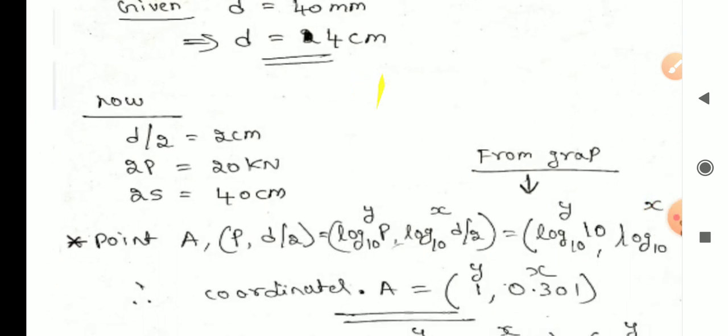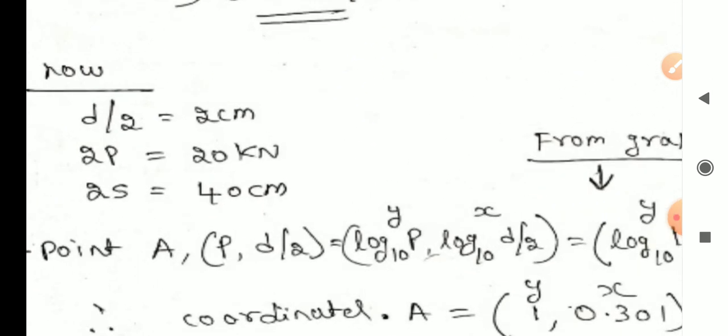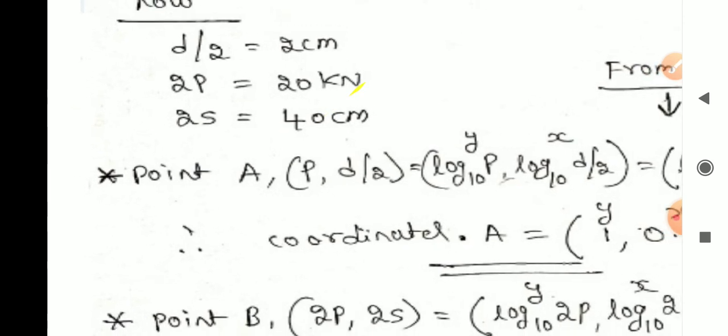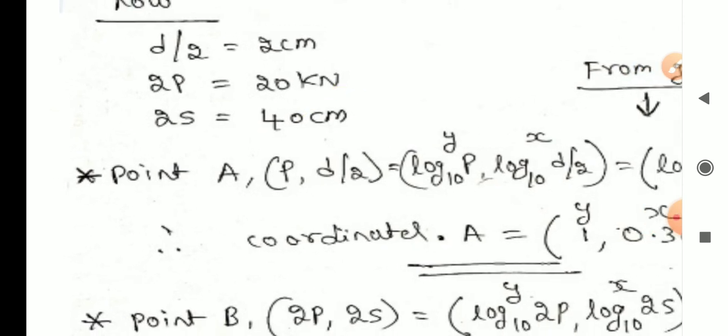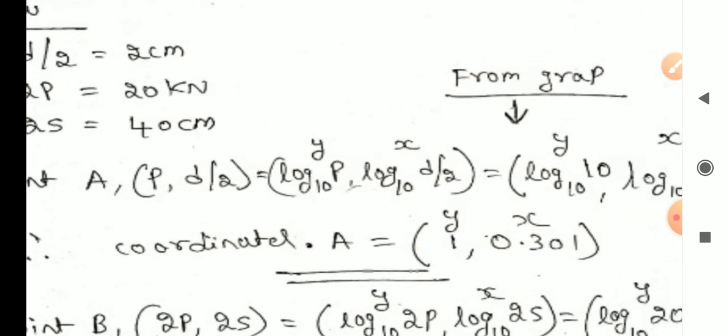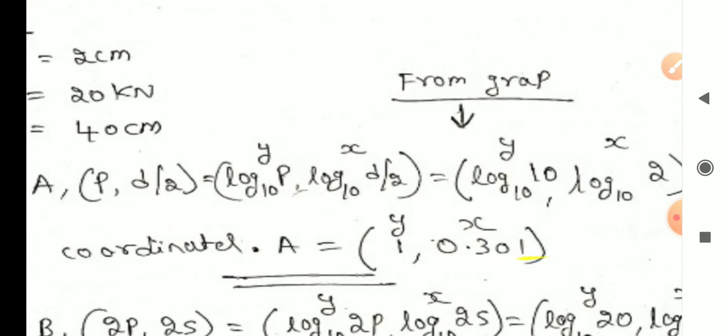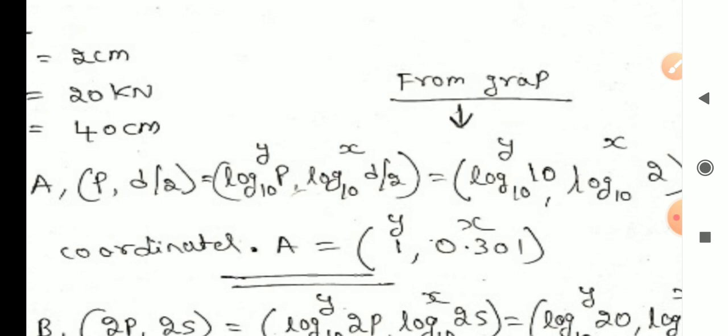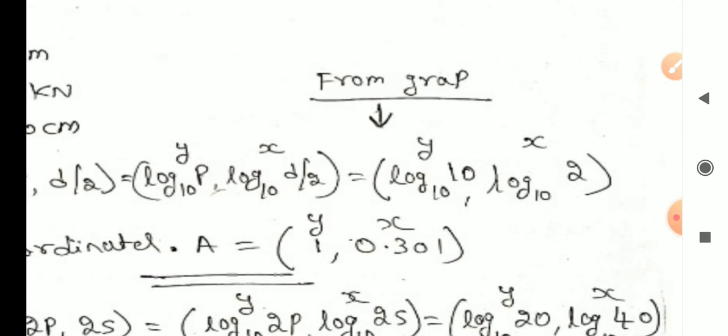Okay, so now d by 2, 2p, 2s. Same as the last previous problem, point A is p comma d by 2. So here we take logarithmic values: log 10 p, log 10 d by 2. Already I said why we are taking log: because we are converting the logarithmic graph to a normal graph. So similarly log to the base 10.